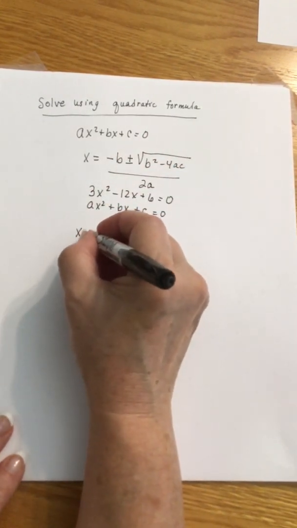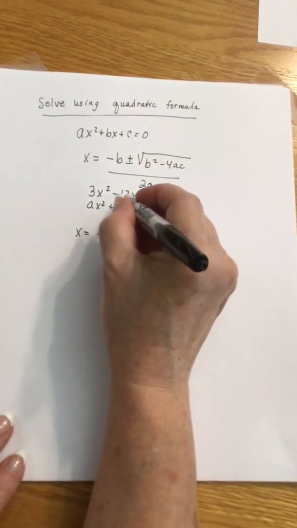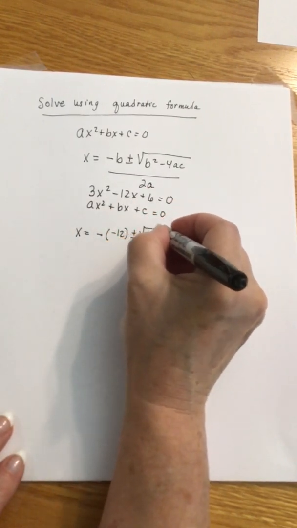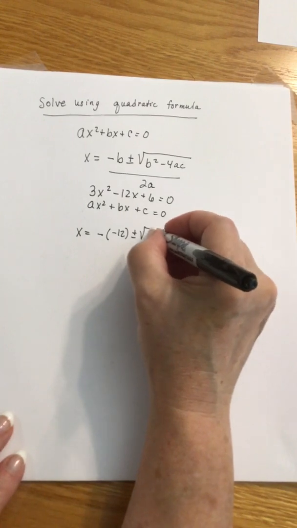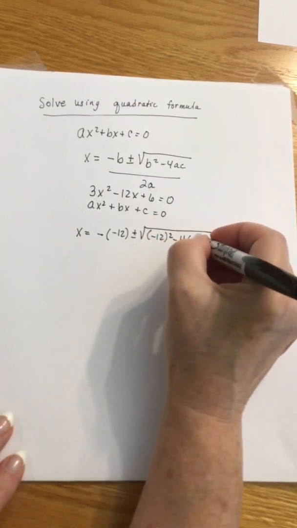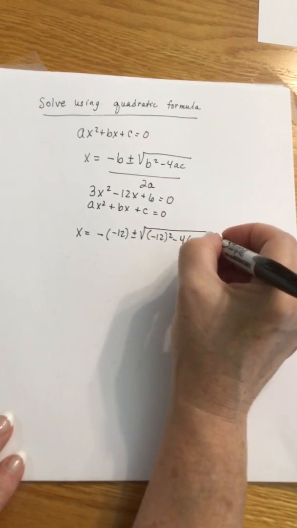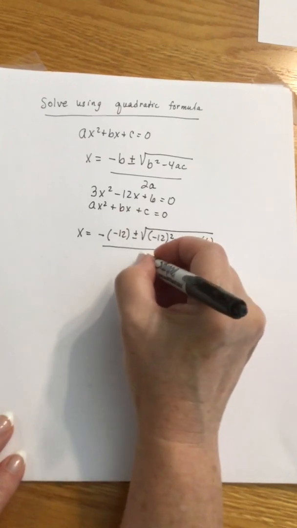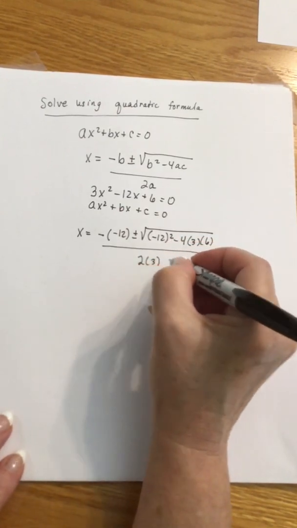So I have x equals negative b, but we said our b was negative 12. b squared is going to give me negative 12 squared, minus 4 times a, which is 3, times c, which is 6, all over 2 times a, which is 3.